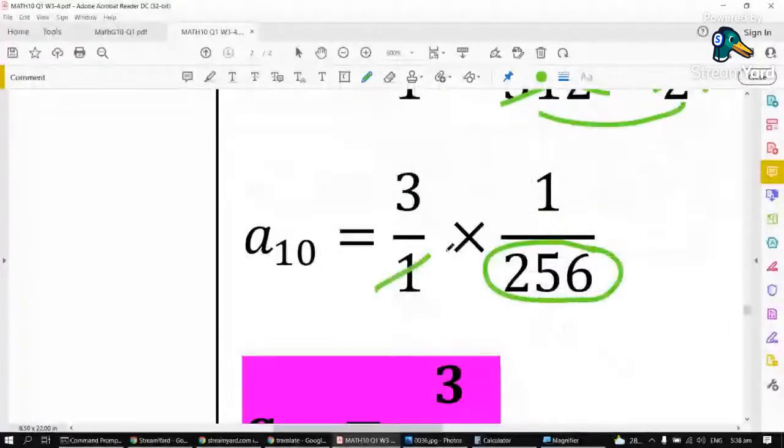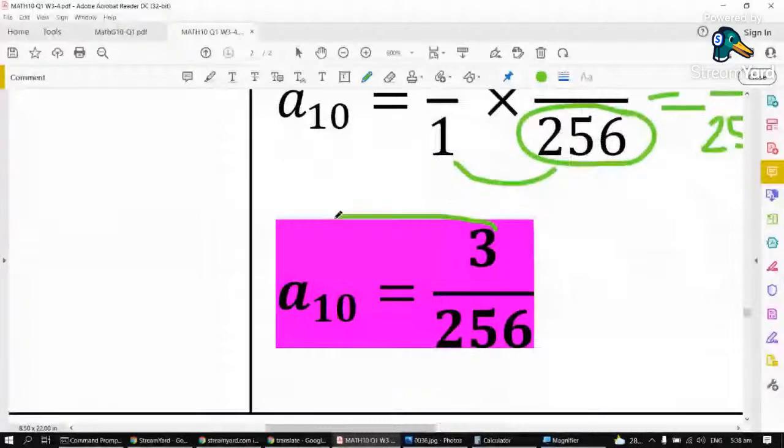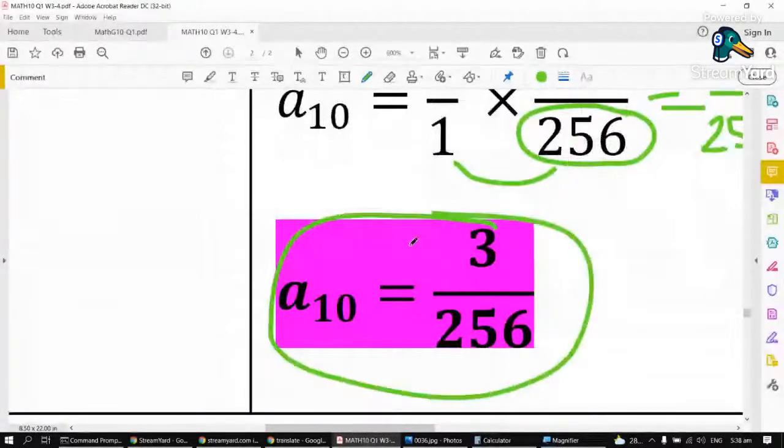So, 1 cancel with 1 or 3 times 1 is 3 over 1 times 256 is 256. So, ayan ang pang-sampung term. Pang-sampung term is 3 over 256.